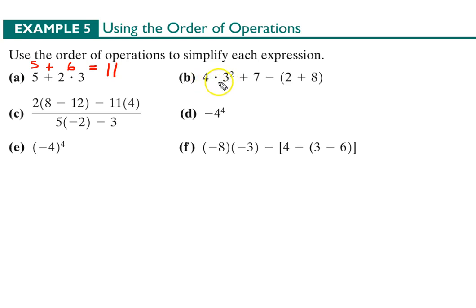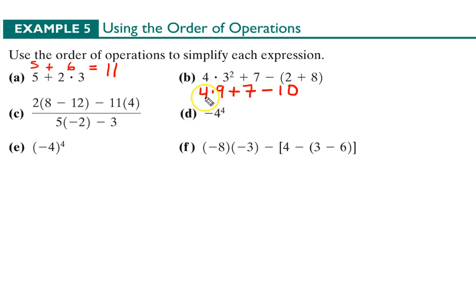All right, B, as we go along, and we had one like this. This is going to be a 4. Now, 3 squared is 9, so 4 times 9 plus 7. And this is 2 plus 8 in parentheses, so this becomes a 10. So this is negative 10. So what do you do first now?